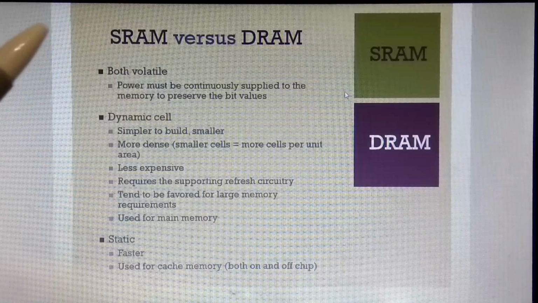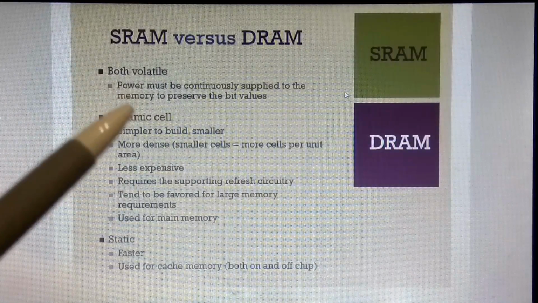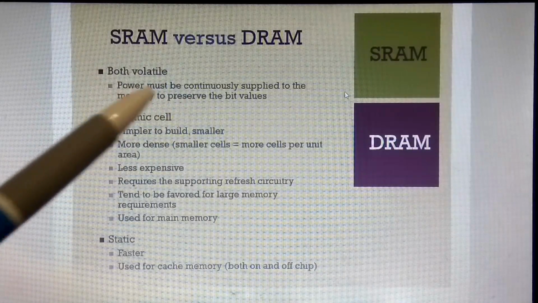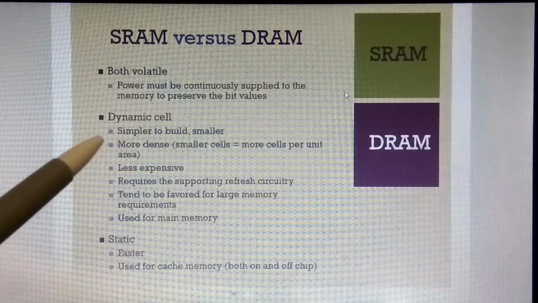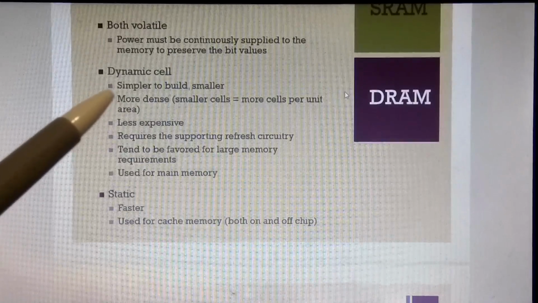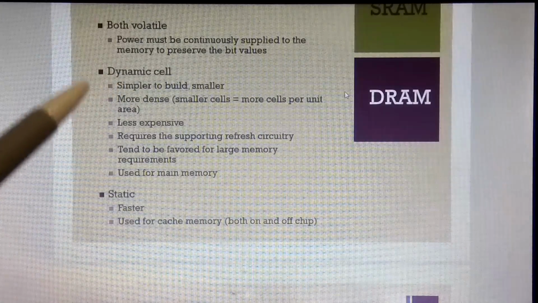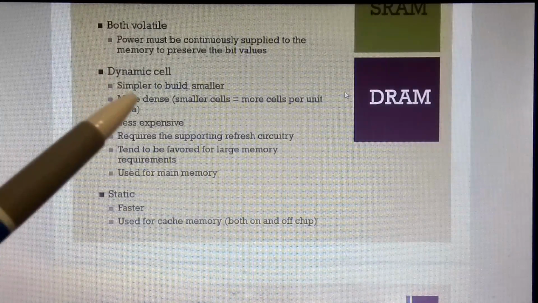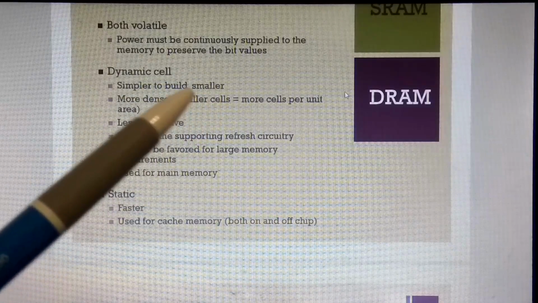SRAM and DRAM are both volatile, which means that power must be continuously supplied to the memory to preserve the bit values. The dynamic RAM, DRAM, is simpler to build and smaller.